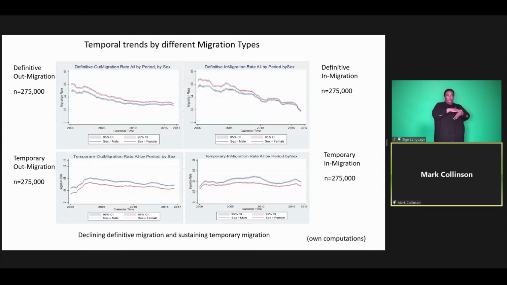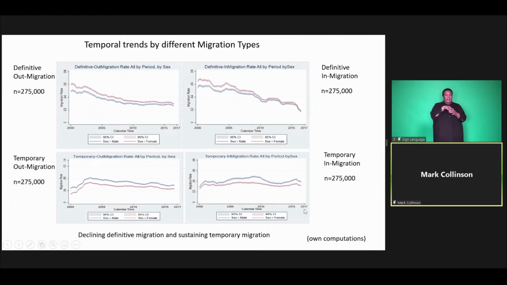Once they become a temporary migrant, we stop counting them. We let them stay in their distant place until they move back into the rural population. We're keeping track of them, but we've discriminated from the permanent to the temporary here. So this is a very good measure of temporary out migration rates and temporary in migration rates.